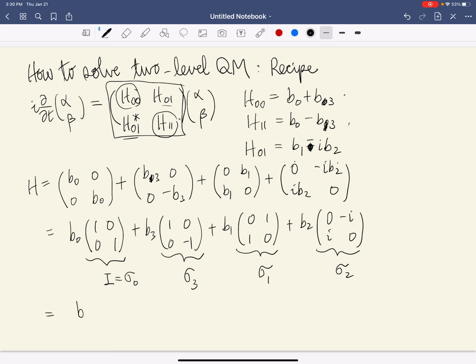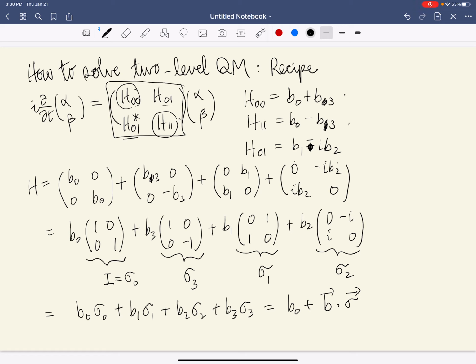Then this has a nice form: b0 sigma 0 plus b1 sigma 1, b2 sigma 2, b3 sigma 3. Or if you like, you can also write b0 plus b vector dot sigma.